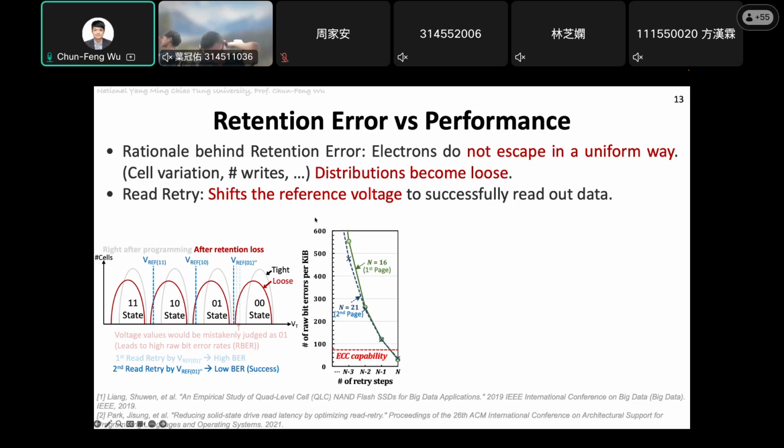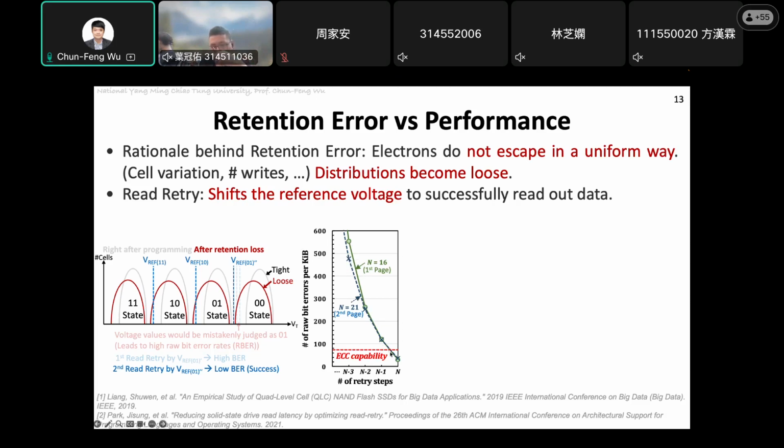You can see the y-axis is the number of raw bit errors per kilobyte. Before reaching the ECC capability, for n minus 3, I think for the blue line, or n minus 2, we still get extra high error, right? There's like 500 errors in 1 kilobyte of data, so the ECC still cannot recover.